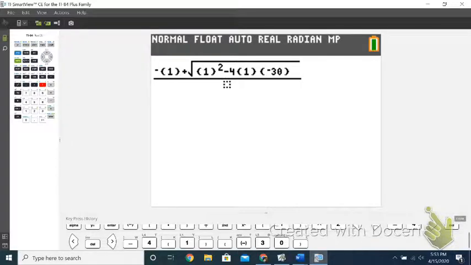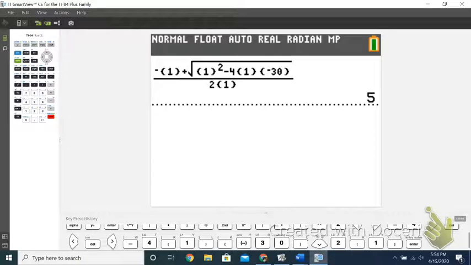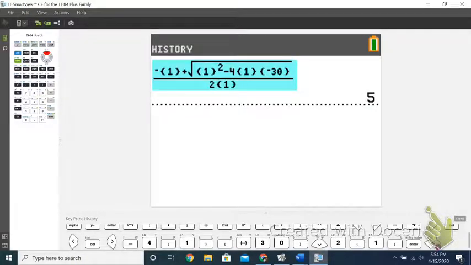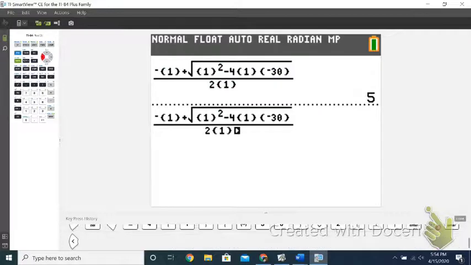If you click the right arrow too many times or a couple times, then you're going to lose that square root. So try to be careful with that. And we hit down to get into the denominator, and then all I had down there was 2, parentheses, 1, parentheses. So again, I'm going to hit enter. That time I get 5. And I'm just going to go back up and grab all that and then move over.